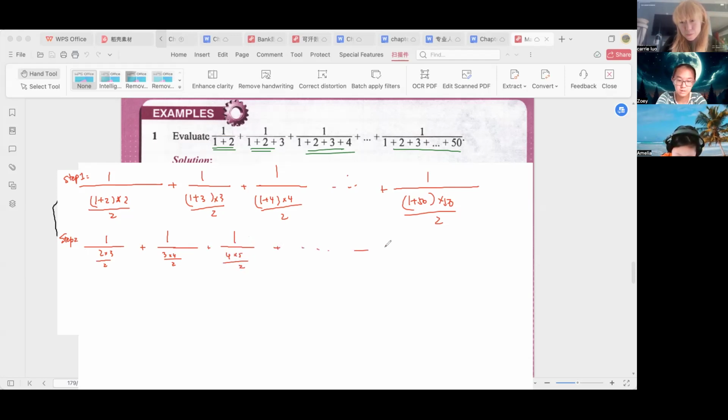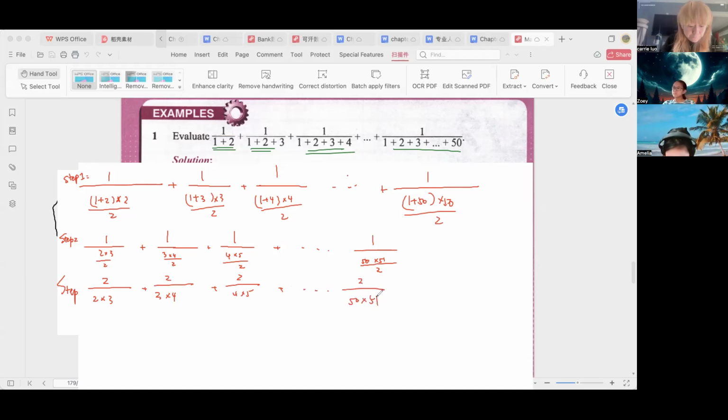And the last one is 1 over (50 times 51 over 2). Right, Zoe and Amelia? And step 3 is 2 over 2 times 3, plus 2 over 3 times 4, plus 2 over 4 times 5, and plus all the way to 2 over 50 times 51.